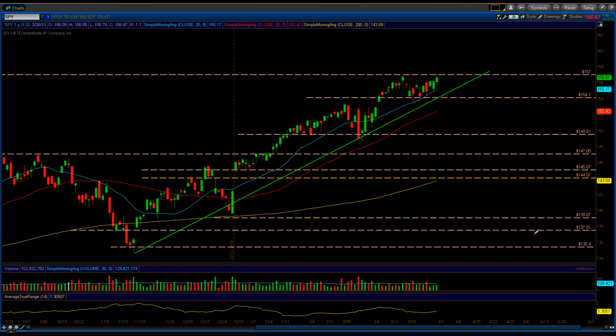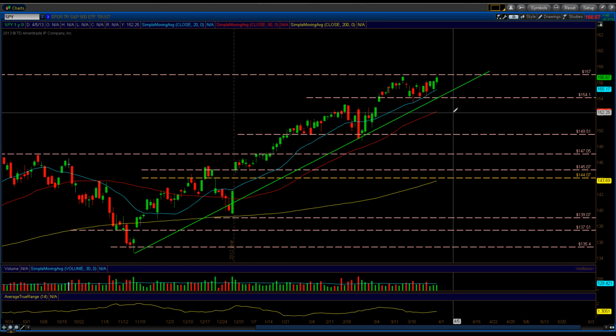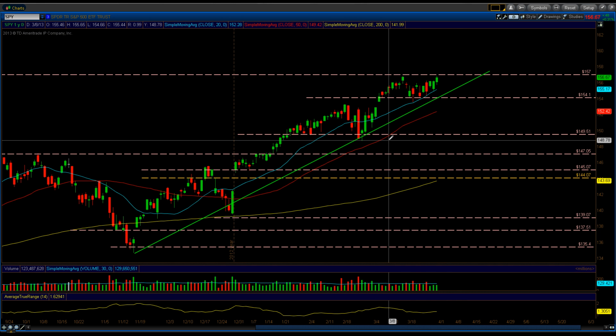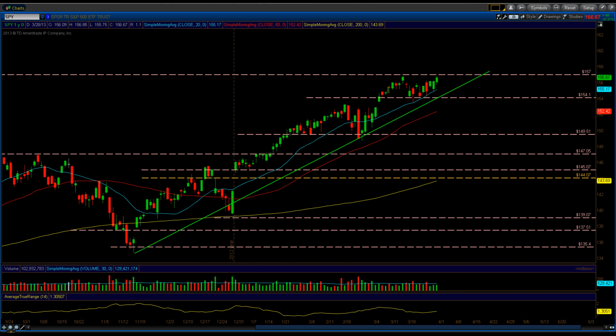Anyways, I tried to clean it up as much as possible, but I left these lines, and these lines again are mathematically calculated levels, based on a mathematical calculation that was invented in December of 2011. So this formula that I've been using is a little bit old. It's over a year already, so it's already proven itself time and time again, as you can see.